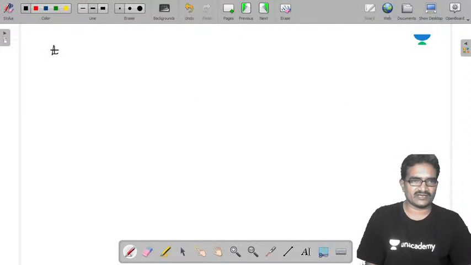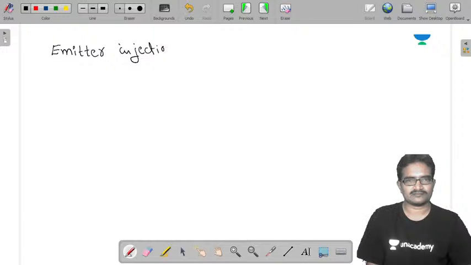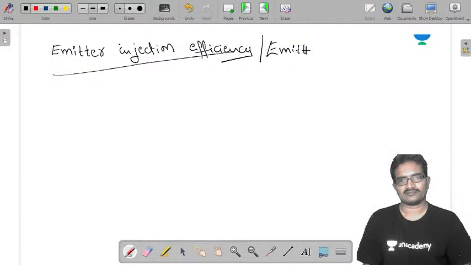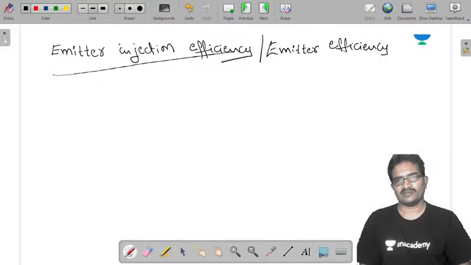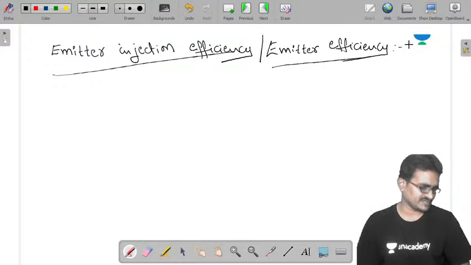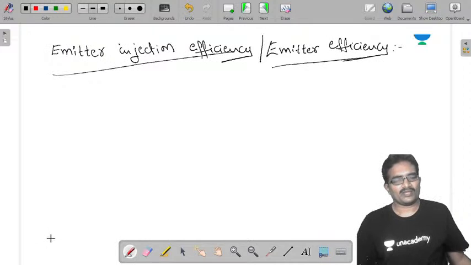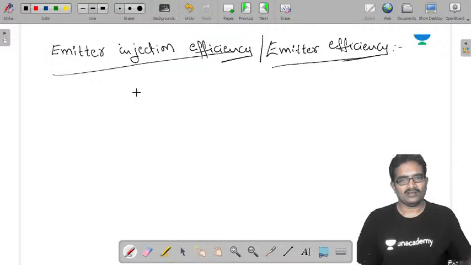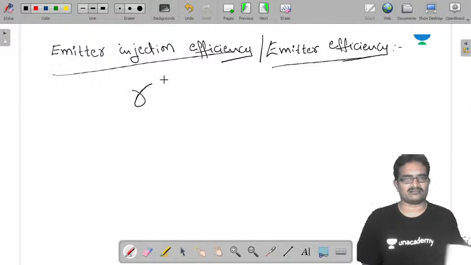The first one is emitter injection efficiency, or emitter efficiency. Okay, now I am representing this by a parameter called gamma star.